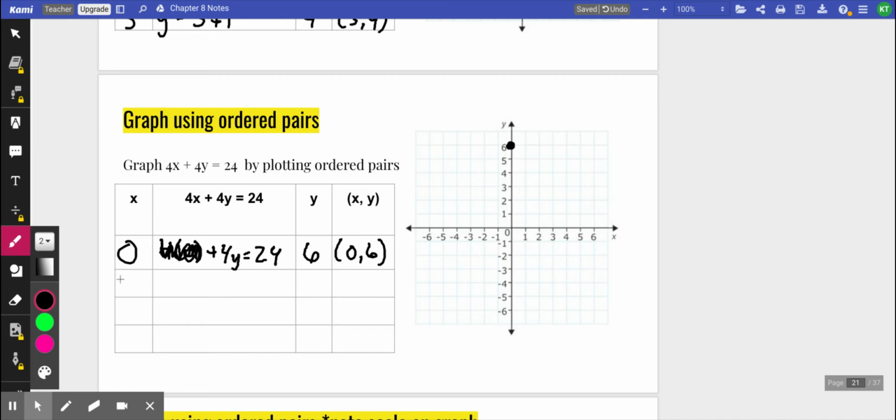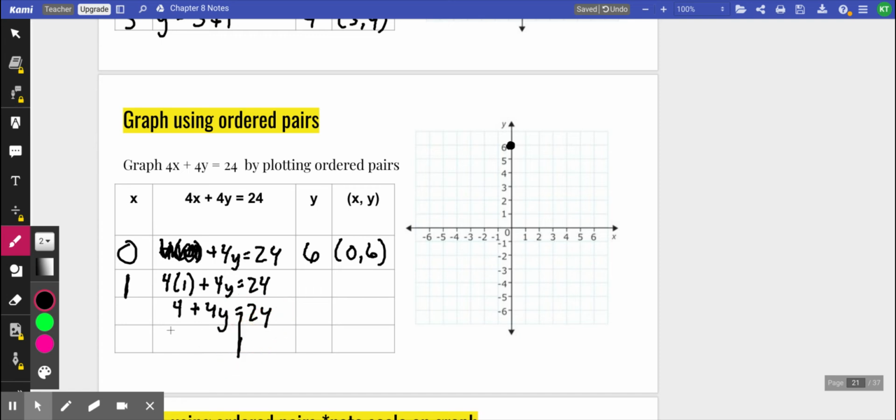You could pick anything. You could pick 5, but if you pick too big of numbers, you might end up where you're not on the visual graph. So let's try x equal to 1. I would do 4 times 1 plus 4y equals 24. So 4 times 1 is 4, plus 4y equals 24.